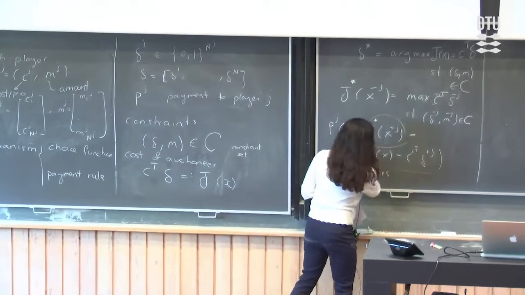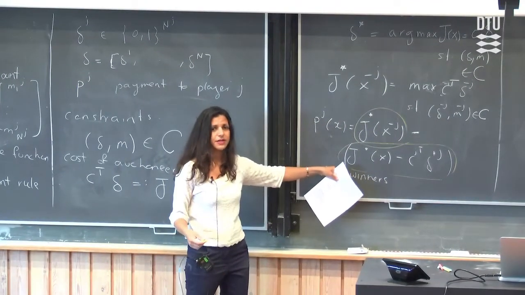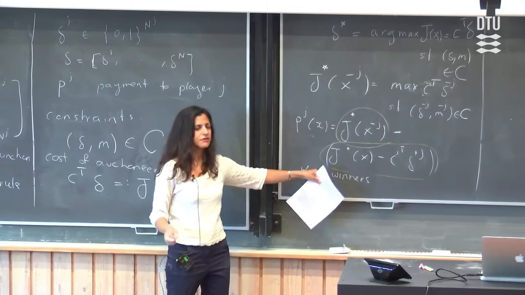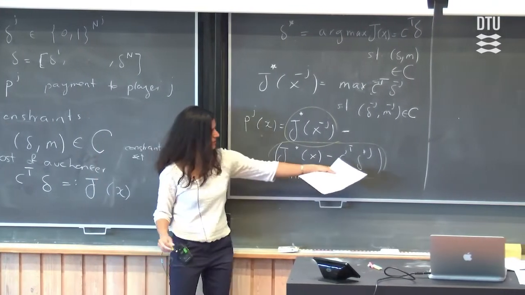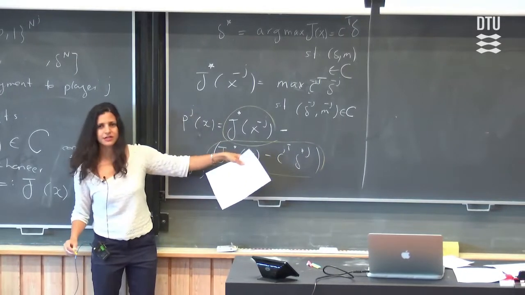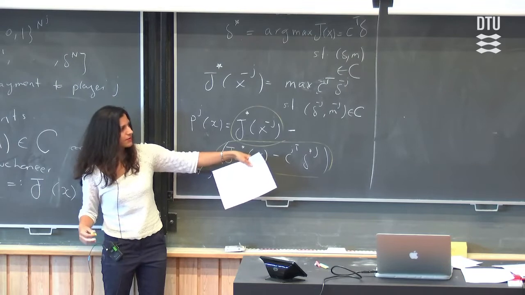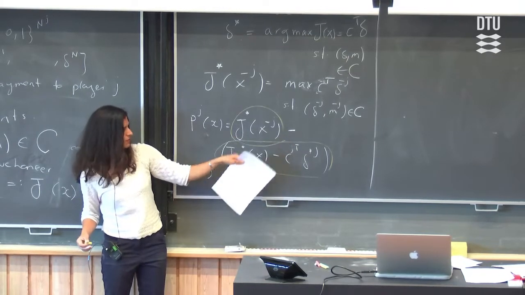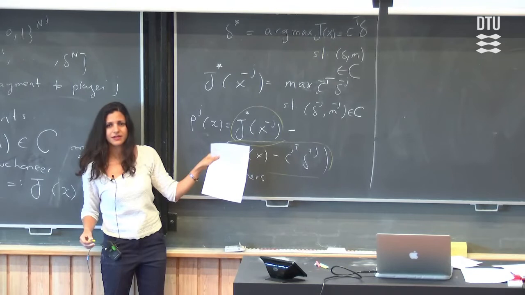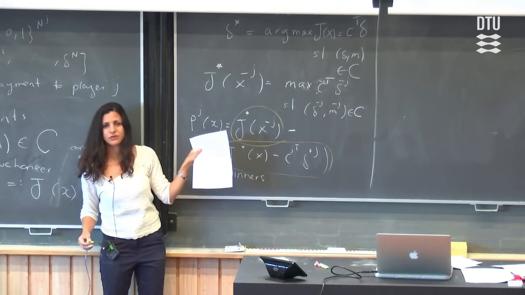The second term is the optimal cost of others when player J is in the market. By taking away the contribution of player J in the market, you're basically giving them incentive to be truthful because they cannot affect their own payment. The bid of player J is completely out of the payment calculation.